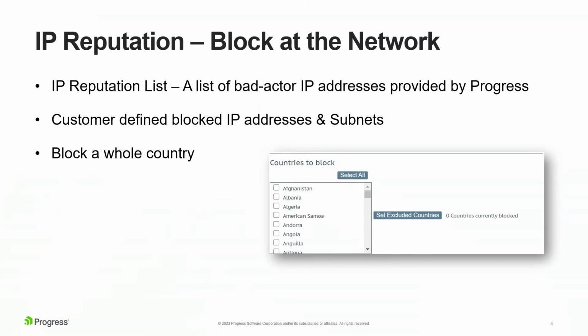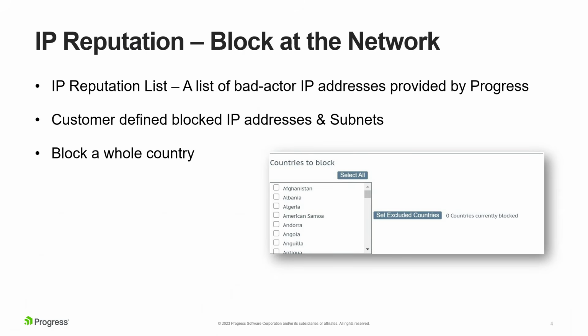It's on a daily update from Progress, and it has a list of IP addresses that have been identified as bad actors on the internet. So immediately, if a connection is made from one of those IP addresses, the LoadMaster will refuse to make that connection. It'll just drop the connection.